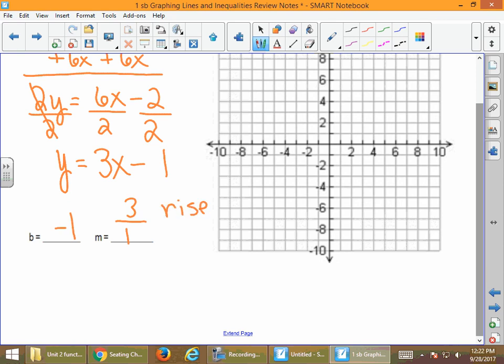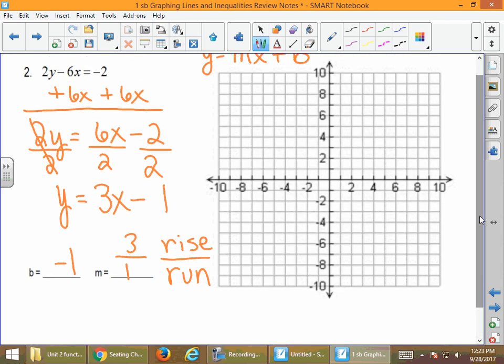But I want to remind you that slope is rise over run. So on this particular problem, we're going to start with b, negative 1. And then we're going to rise 1, 2, 3 to the right 1. They were both positive. Positive 3, positive 1. 1, 2, 3 to the right 1.